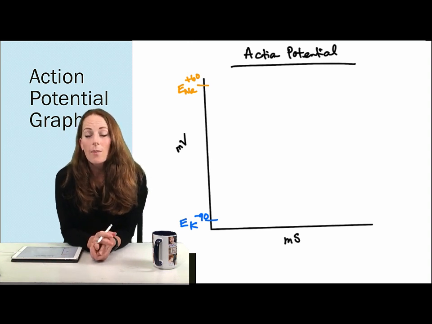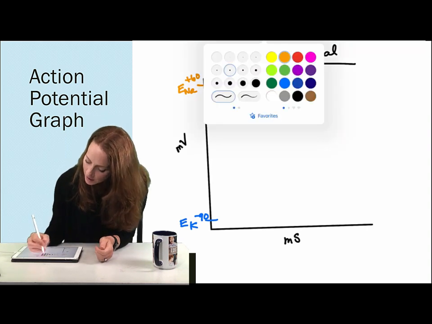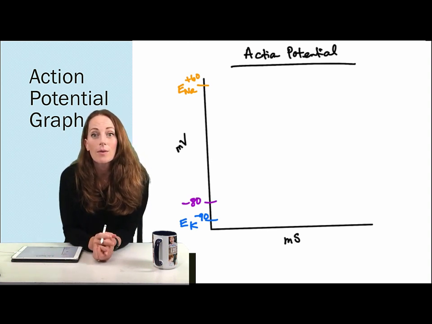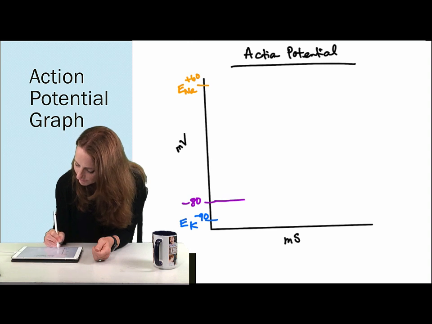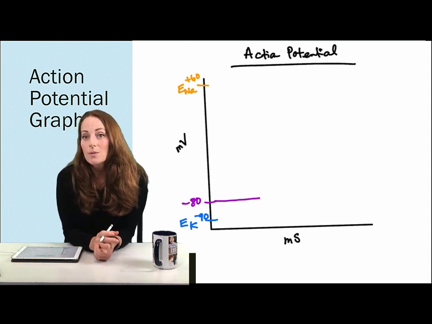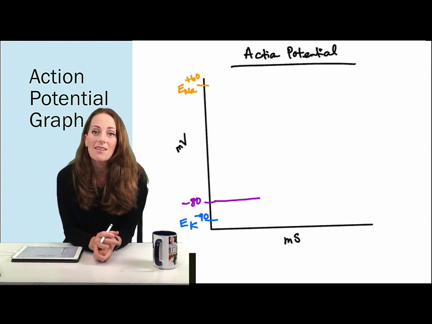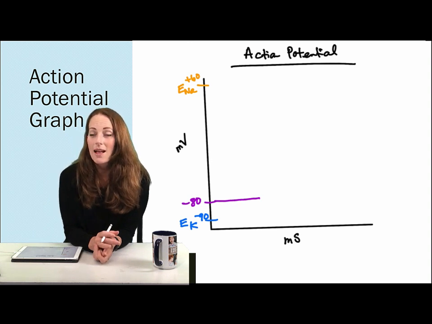But you know that we're going to actually start at our resting membrane potential. Our resting membrane potential is about minus 80 for most neurons. So the cell is sitting at rest. It's waiting for a stimulus. It's reached its value of resting membrane potential based on the ion gradients and the permeability of the channels at rest.